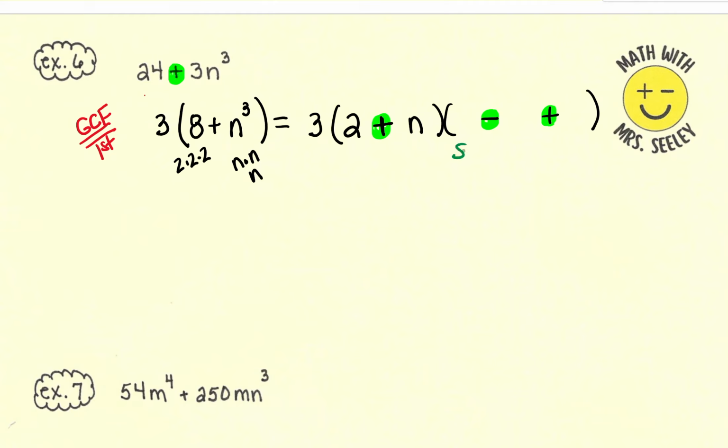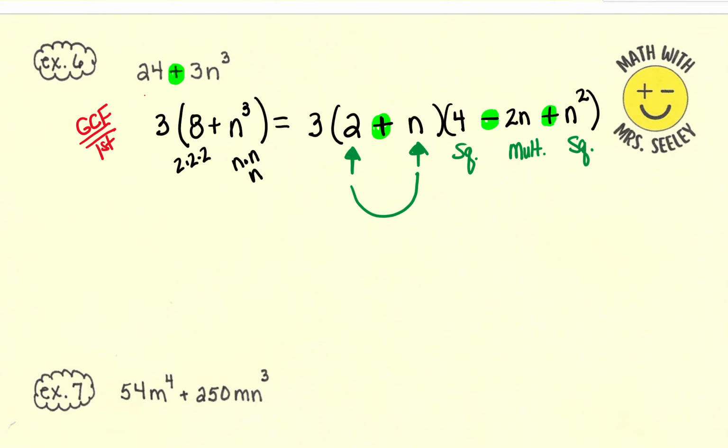Fill in your square, multiply, square. So look at this and square that 2 to get 4. Multiply those together. 2 times n is 2n. Square the last one, and n squared is n squared.